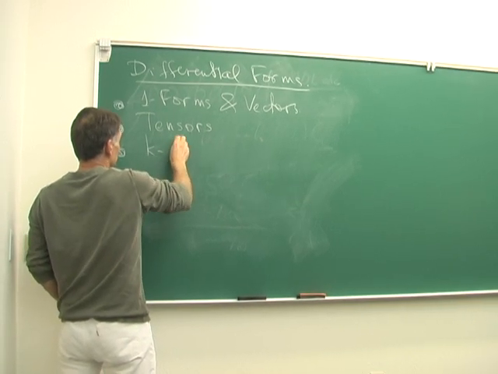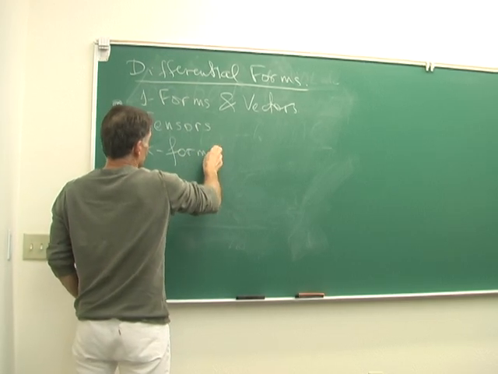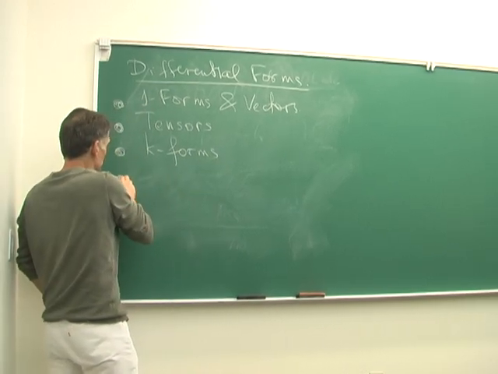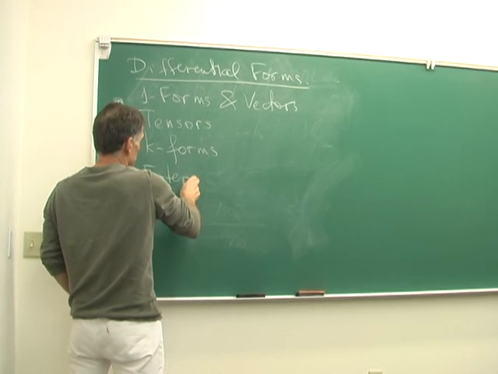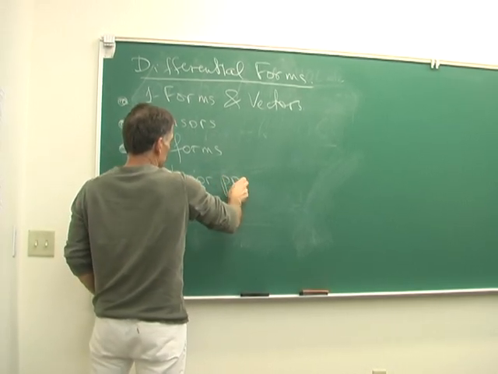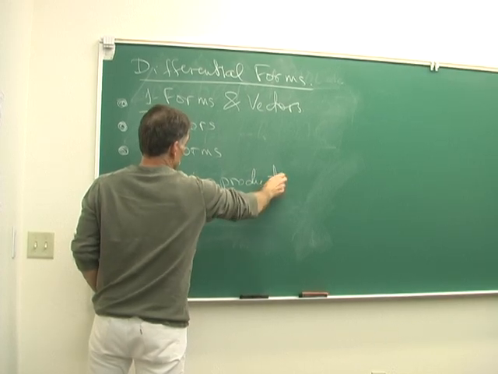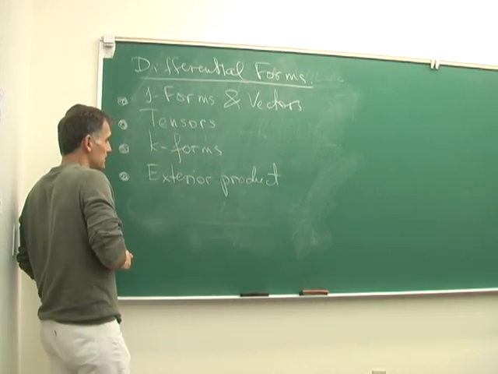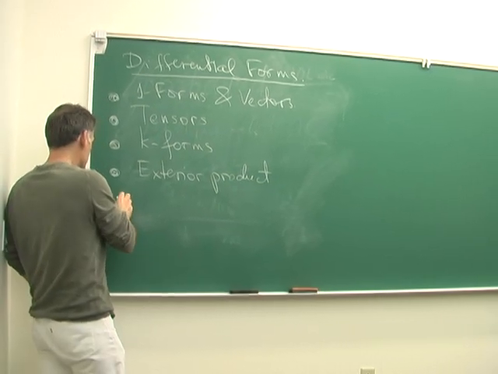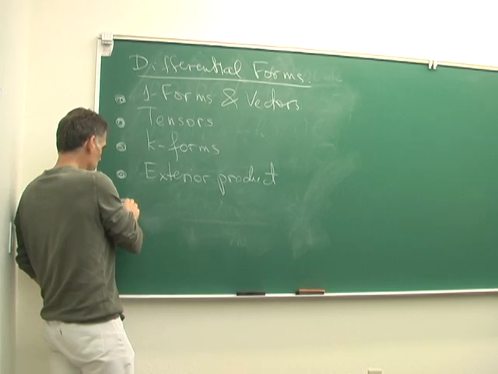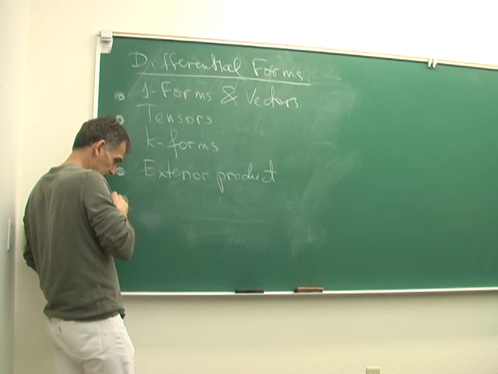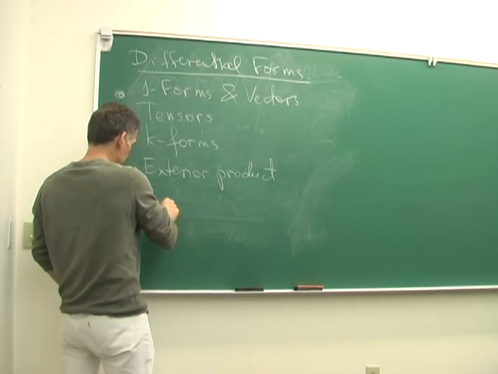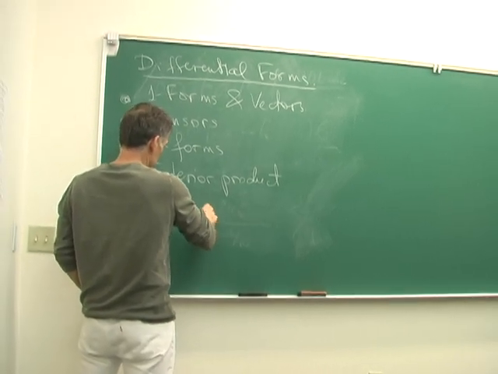Then K-forms, then the algebra of the K-forms, which is the exterior product of K-forms, and then the exterior derivative, the analysis.